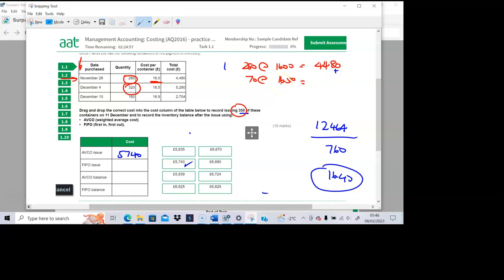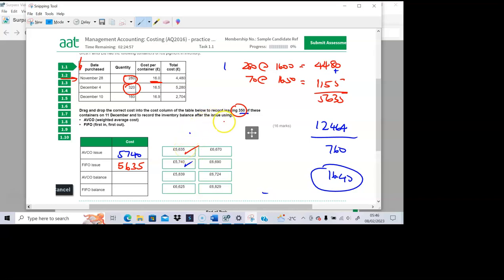And then we have 70 times £16.50, which is 1155. If you add 4480 and 1155, you have a total of 5635. So your FIFO issue is valued at 5635, and that's that one.